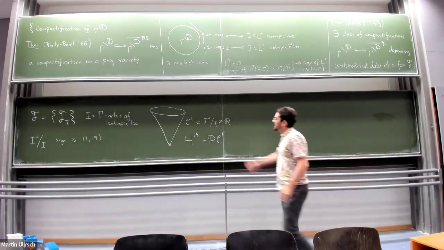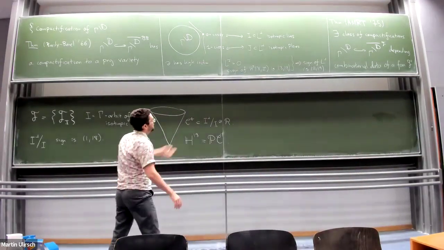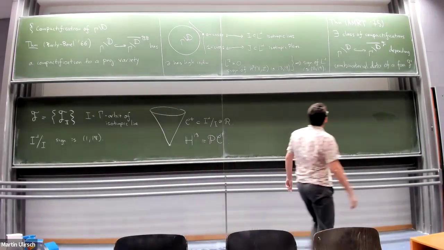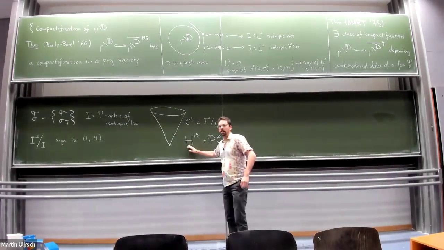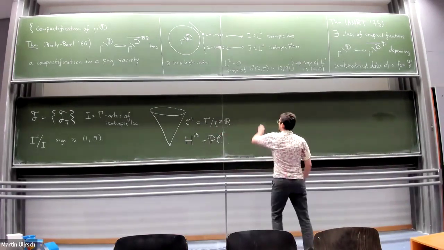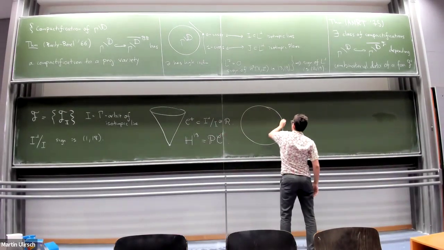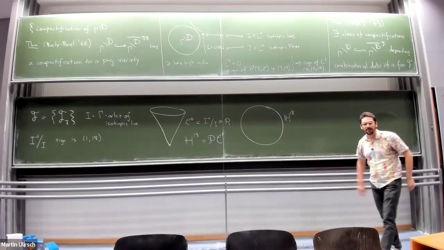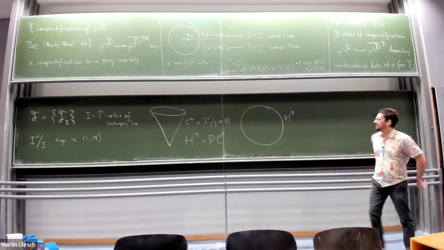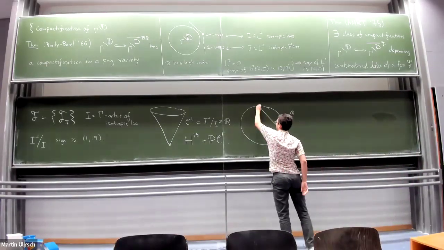The combinatorial data you need to define one of these toroidal compactifications is a tiling of this hyperbolic space. Let me draw my toy picture. I can't draw H18, so I'll draw H2.